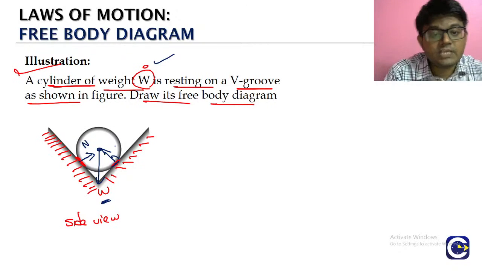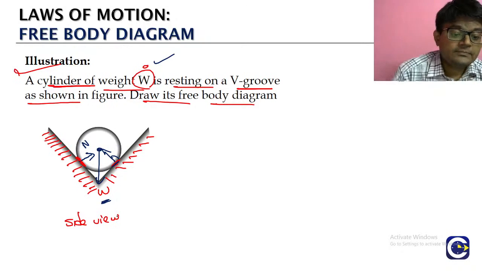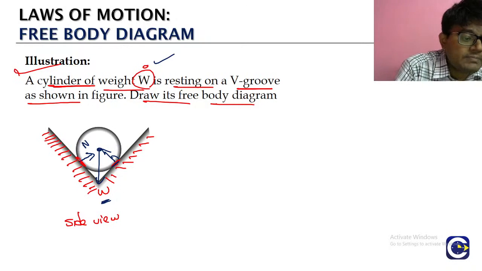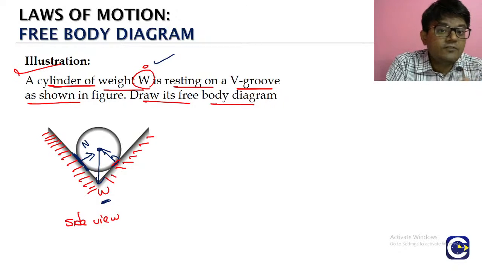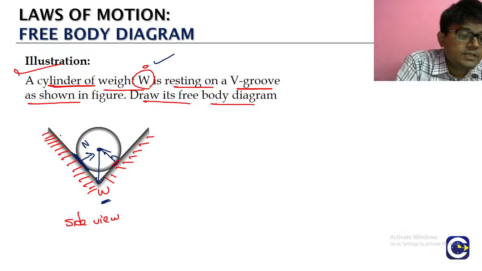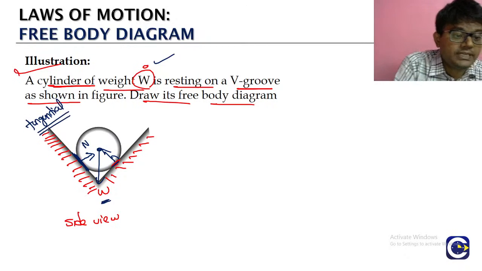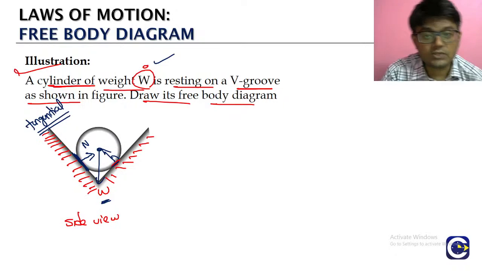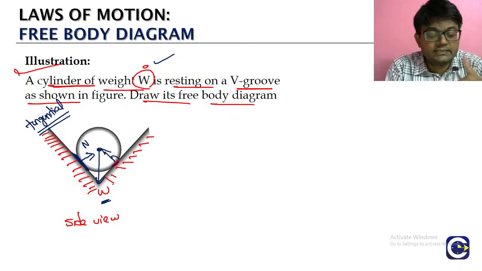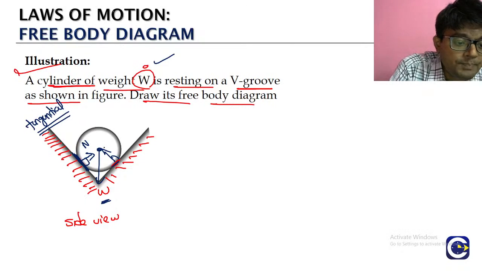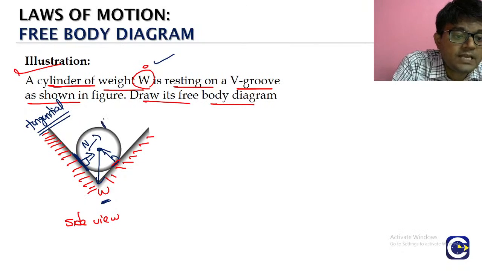Now one thing we need to keep in mind is that the normal reaction, remember, this line or this surface which is touching the cylinder is like the tangential. Already we talked about it in the 2D circular motion. Any line that touches the circle, we call it tangential. Perpendicular to tangential, this becomes radial.